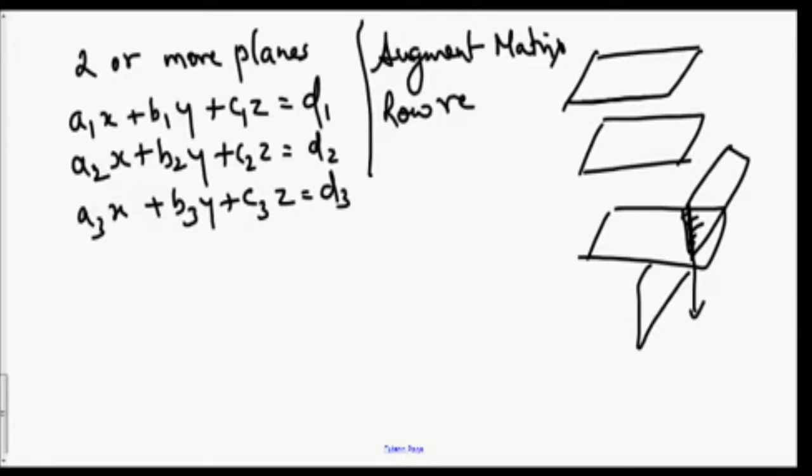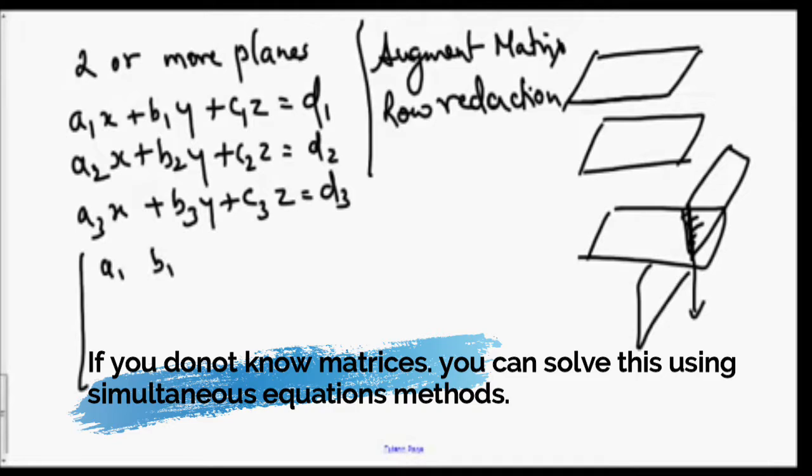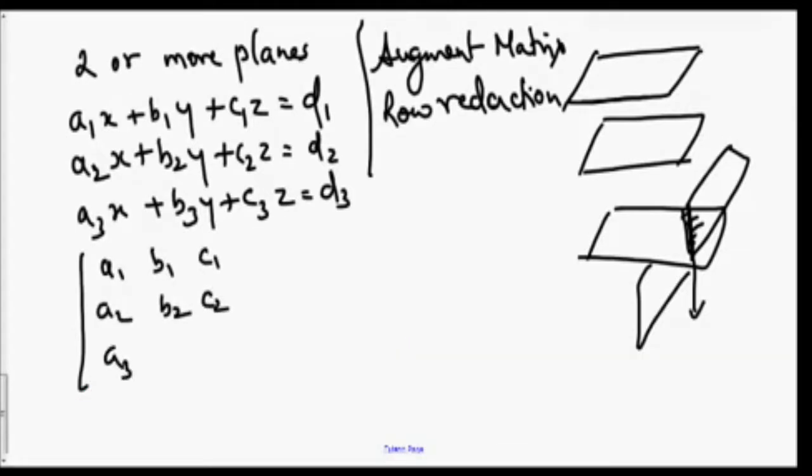These two are very important, though you can use GDC, but there are certain cases where you cannot use GDC because some of these numbers would not be given and you need to find them. You need to do row reduction manually. So the augmented matrix for this would be A1 B1 C1, A2 B2 C2, A3 B3 C3, and you do this. Please go back to the matrix chapter if you are not thorough with this.